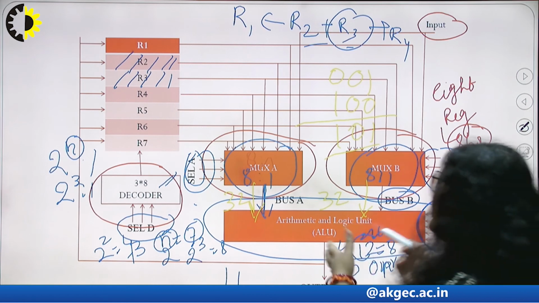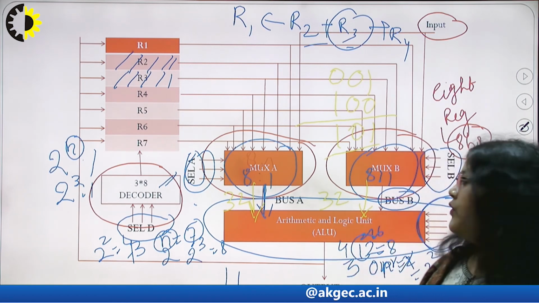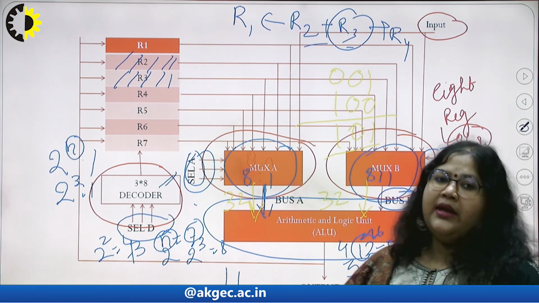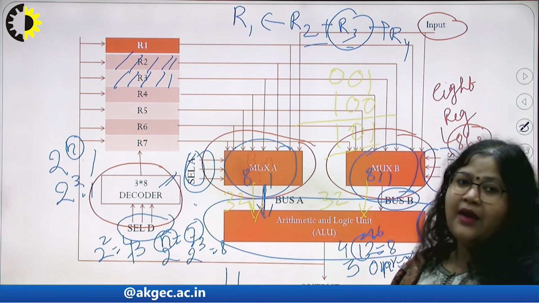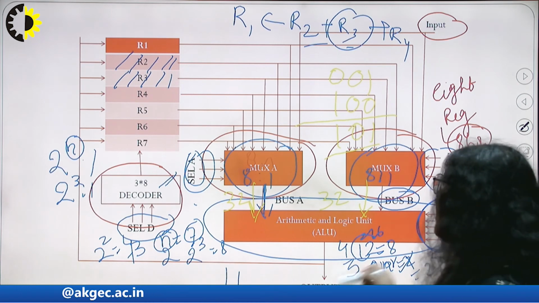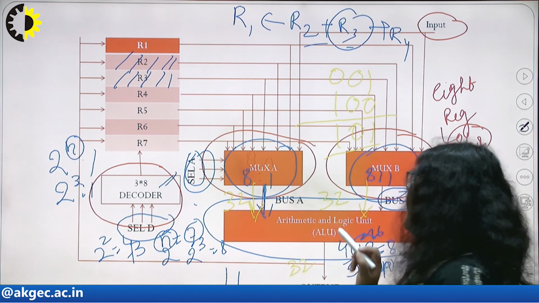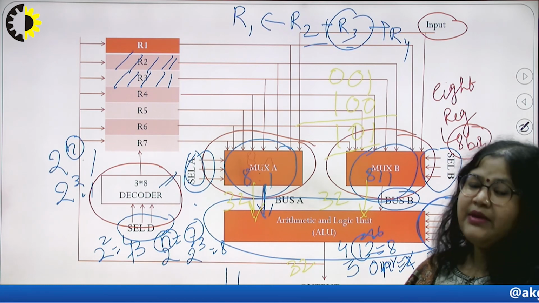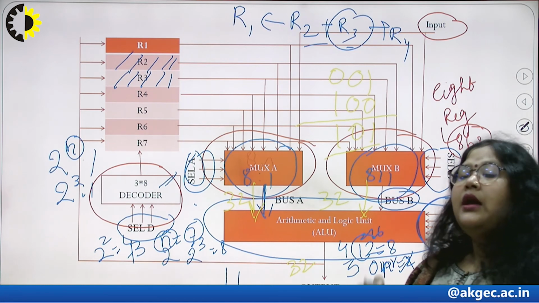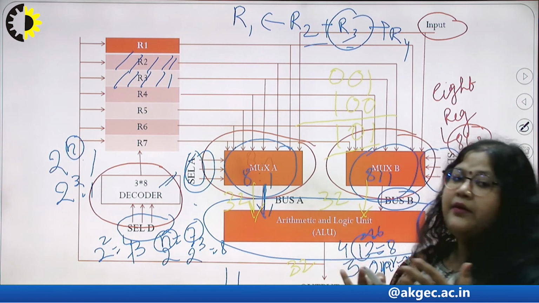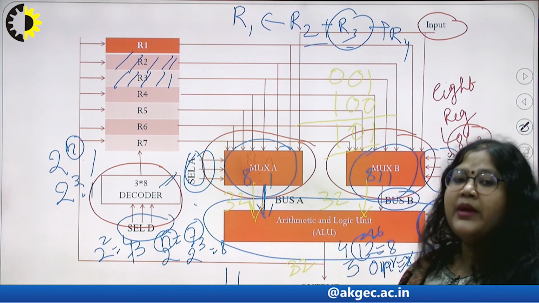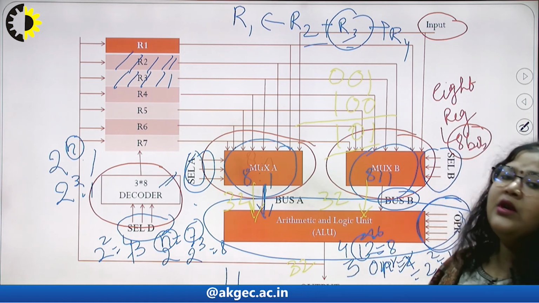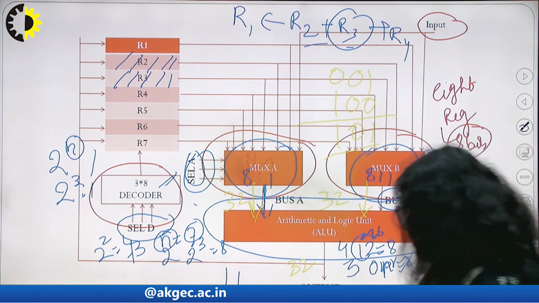Same in this case: if we have 32 bits from bus A and 32 bits from bus B, the output value the ALU produces after the operation R1 plus R2 is basically 32 or 33, because it also produces a carry bit. This is known as the valid bit. If the question demands the valid bit, then the ALU produces 32 plus 1 bits, otherwise we consider 32. Okay, this is the answer.